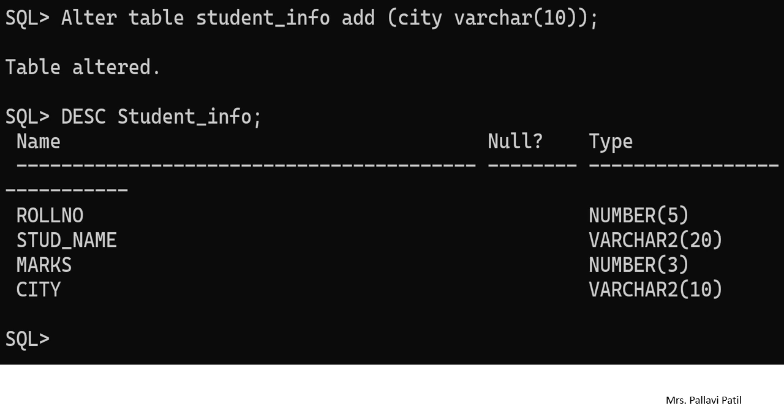So here I have used this query, alter table student info add city varchar 10. If I run this query, I will get the message table altered. Suppose you have again described your table, see here, your new column city is getting added in your table.